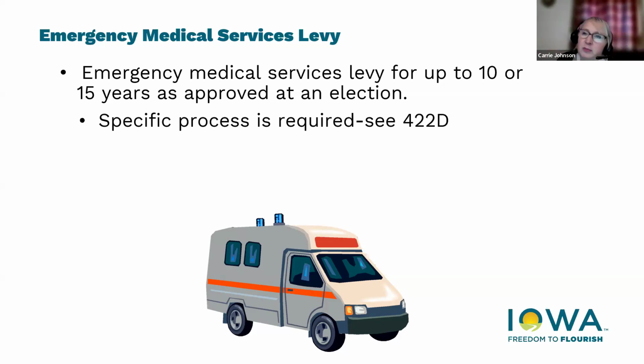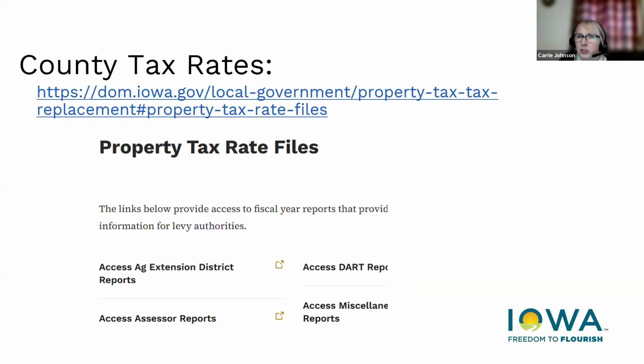If that's you, make sure you send me an email with your ballot language and your abstract of votes, so I have that for my records. It's for provision of emergency medical services, and there are certainly some counties that have pursued it within their own area. So if you have questions, let me know, or if you are putting it in place for the first time in fiscal 26, let me know.